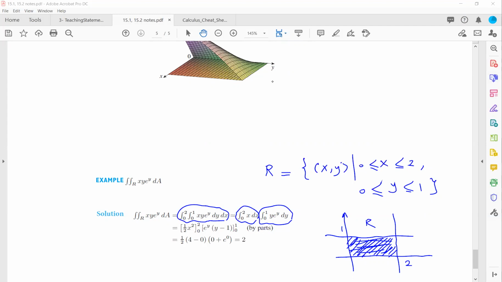So it seems like the domain was dropped, but since I have the solution right here, I know the rectangular domain is all points x and y such that, take a look at this variable x, the outer integral is related to variable x. X ranges between 0 to 2. The inside integral is connected to variable y, so y ranges between 0 and 1.